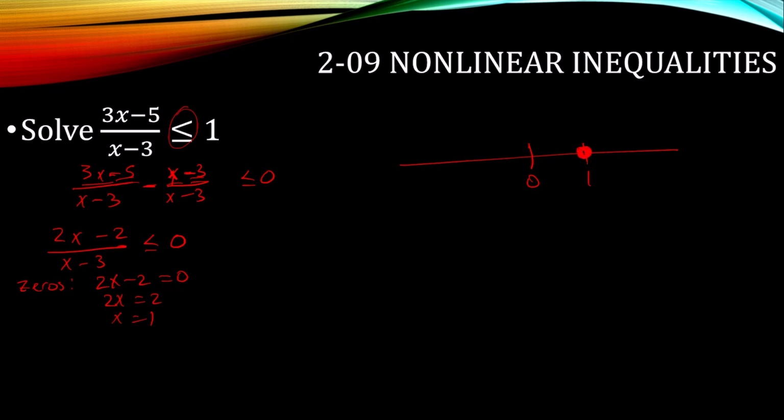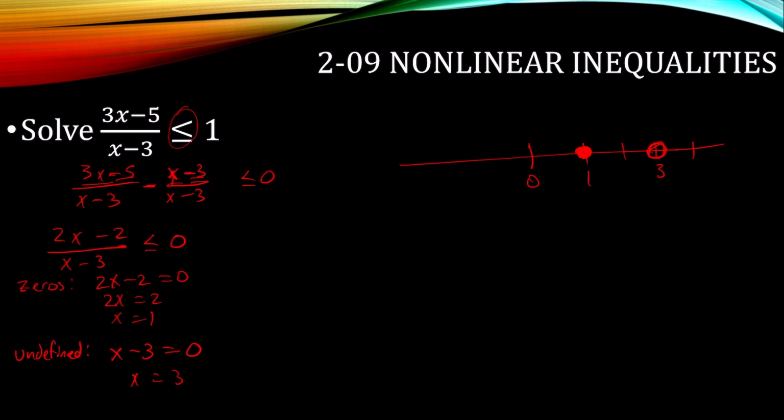So I'll make that a filled in dot. And then the undefined areas. It'll be undefined when we're dividing by 0, so when the denominator equals 0 at 3. So we are undefined at 3. It can never be equal to an undefined, so it'll always be open. So that's my two critical numbers, the zeros, the top of the fraction equals 0, and undefined when the denominator of the fraction equals 0.